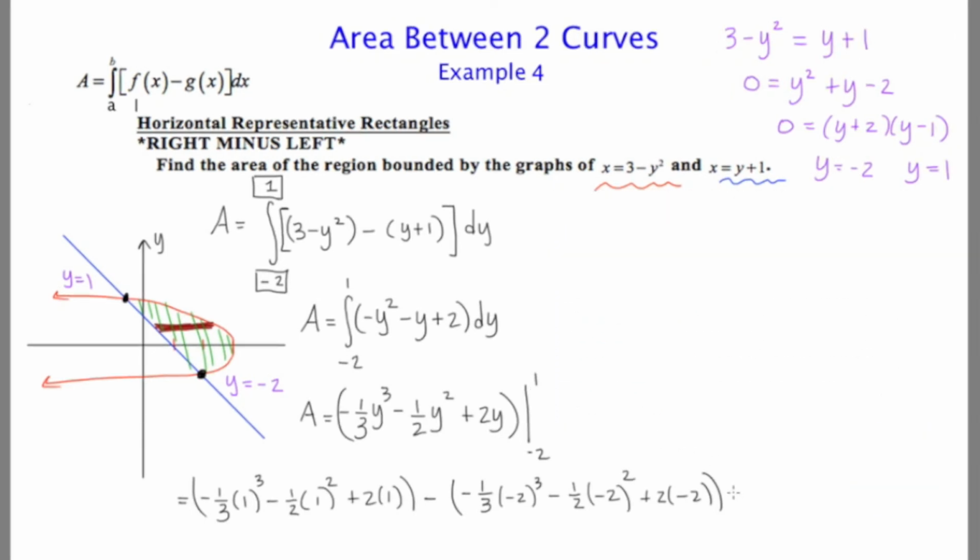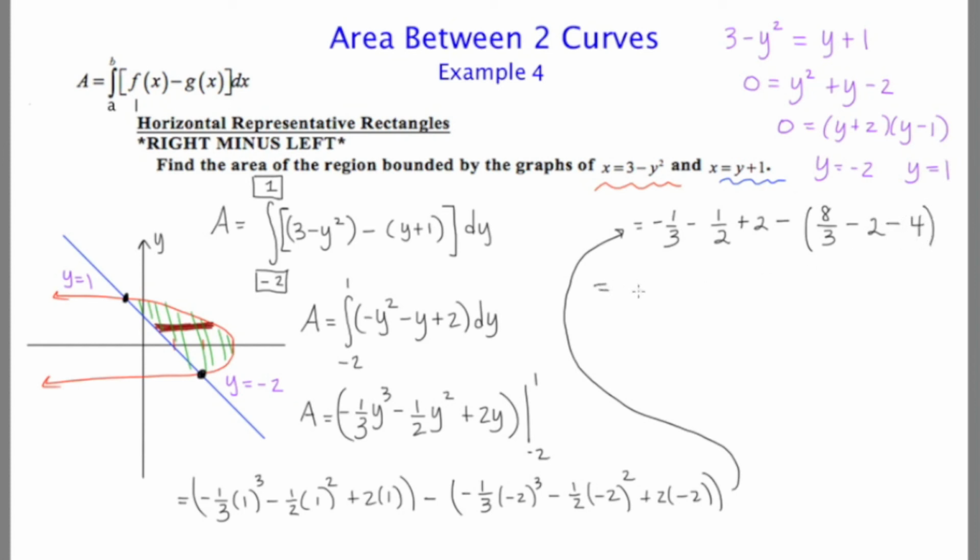Okay, I'm picking up with this calculation up here where there's a little bit more space. We're going to say negative 1/3 minus 1/2 plus 2 minus, let's see what we have here, 8/3 minus 2 minus 4.